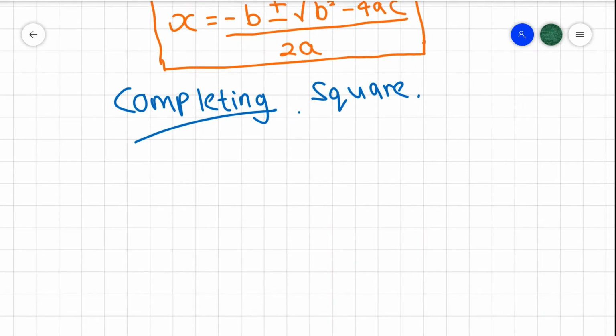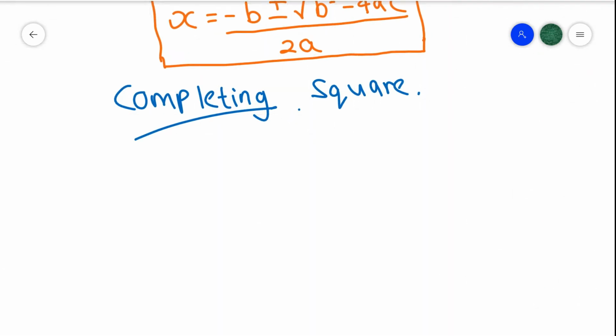We're going to take an example. Let me take the equation x squared minus 6x minus 3 is equal to 0. So we have a quadratic equation. Now we are going to complete the square. The first thing we have to do is make sure that the coefficient of x squared is 1.